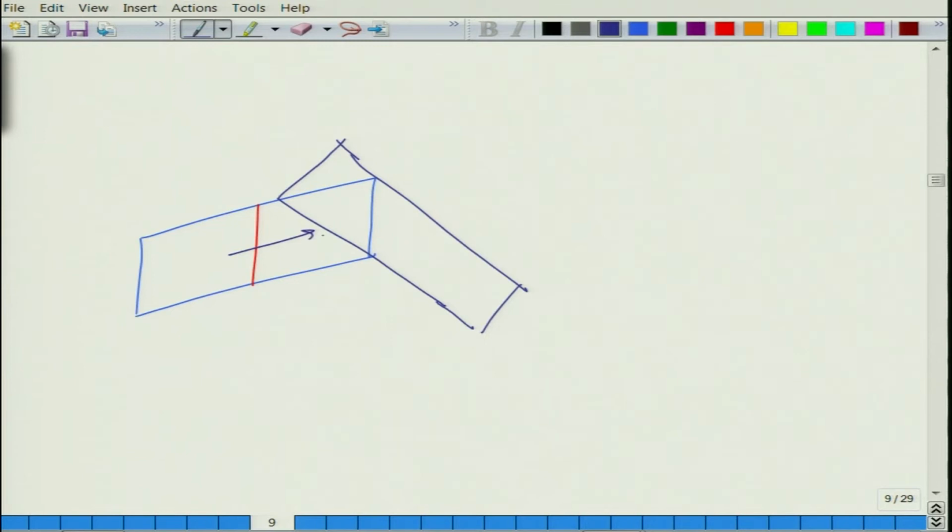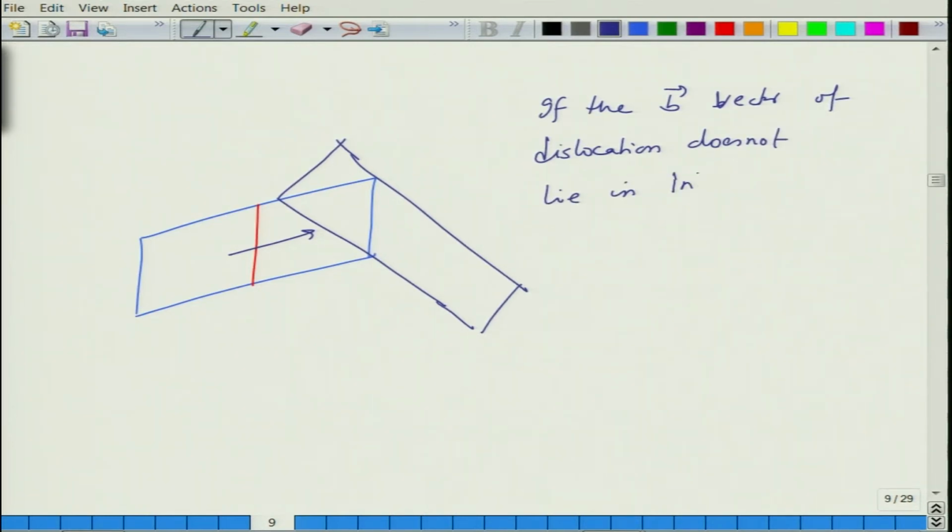Now, the moment it encounters another plane, if the Burgers vector of the dislocation does not lie in the intersecting plane, there is a possibility it might move, but it may not be able to move in that intersecting plane, because HKL dot UVW may not be equal to 0.